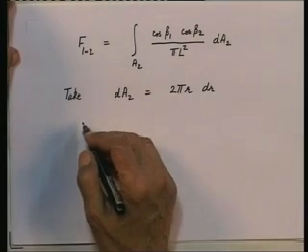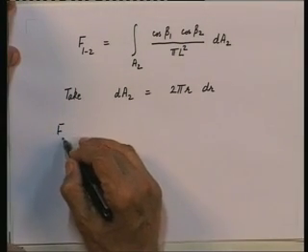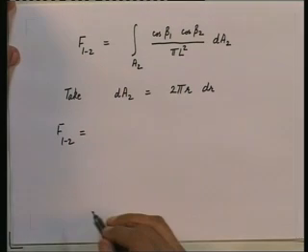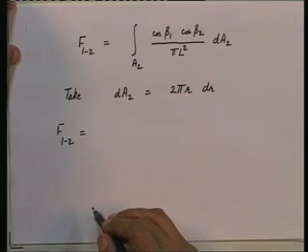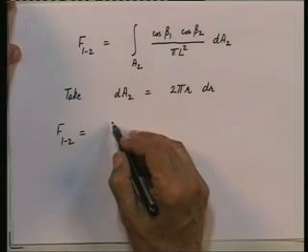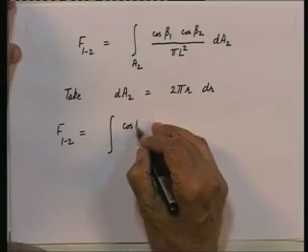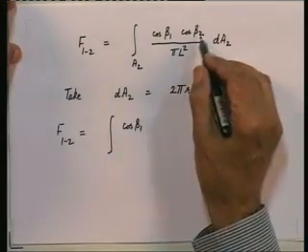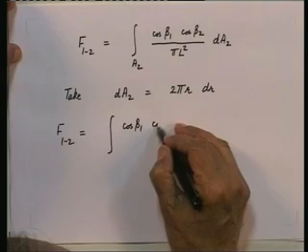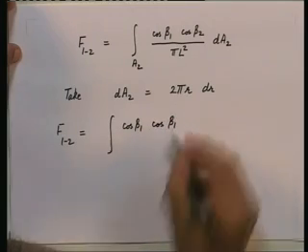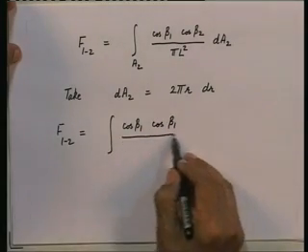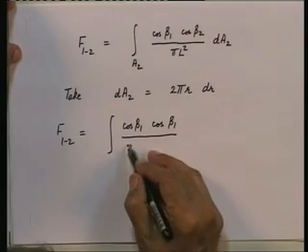We will get F1 to 2, and we are going to express everything in terms of the angle beta 1 as the variable. So, F1 to 2 is equal to cosine beta 1, and the second beta 2 is equal to beta 1, so I can write it also as cosine beta 1 divided by pi.